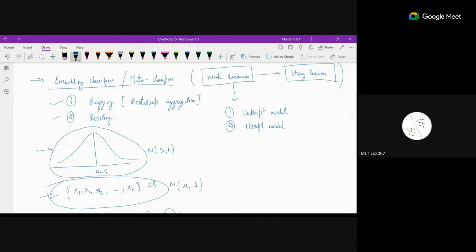This works slightly better than any random performance, but it is not a good model, right? So we'll start with some overfit model and try to make it the ideal or strong learner. Okay. So first, let's start with bagging.